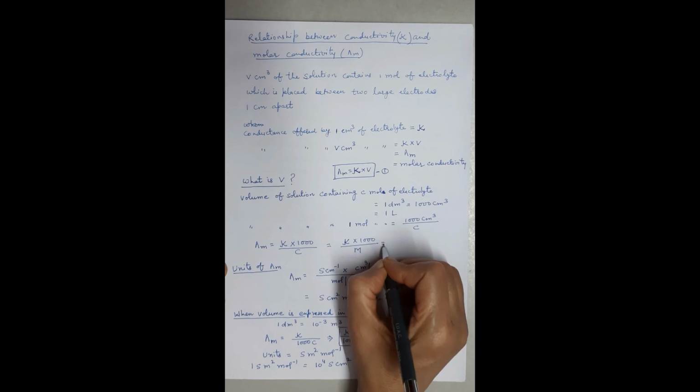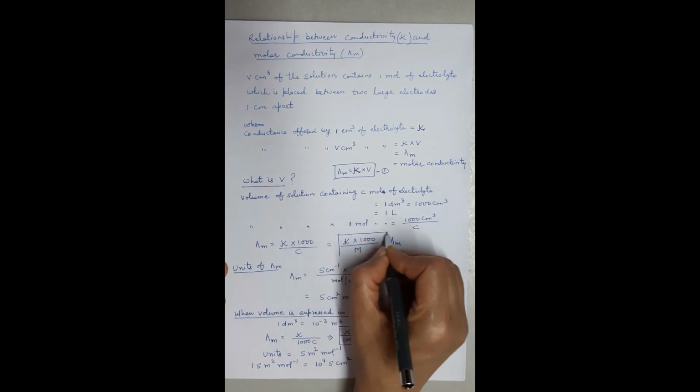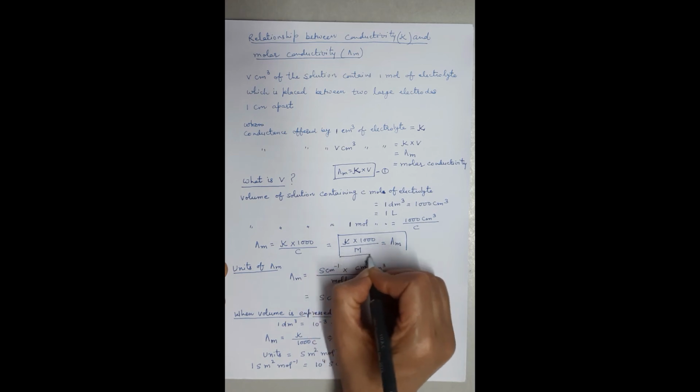So lambda m is equal to kappa into 1000 upon molarity.